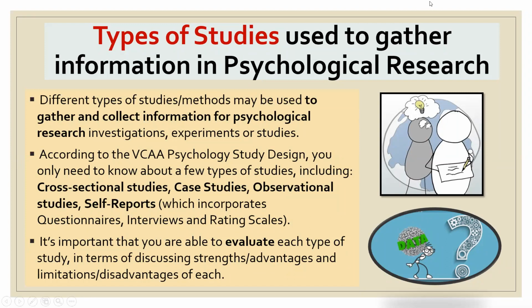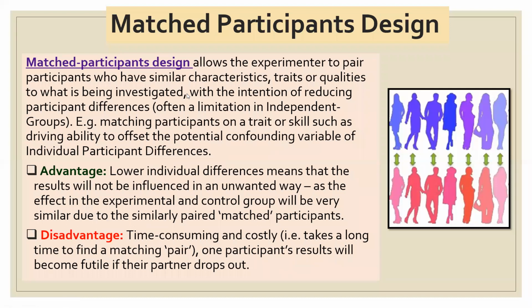Okay, so just a question, what's an example of an experiment that uses a matched participant design? If a case study is using a matched participants design, you might see something like a researcher investigating the effect of alcohol consumption on driving ability.